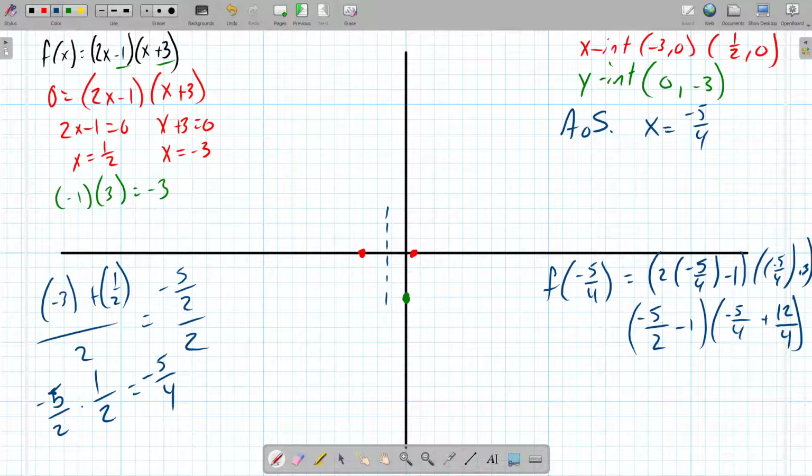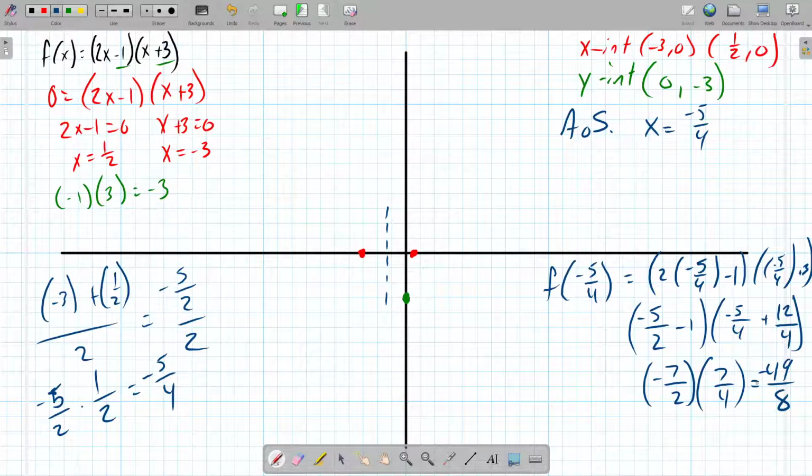So -5/2 minus 1 will be -7/2. And -5/4 plus 12/4 will be 7/4. Multiplying straight across the top and straight across the bottom, we get -49 over 8.